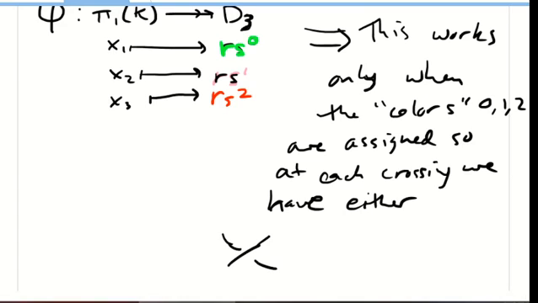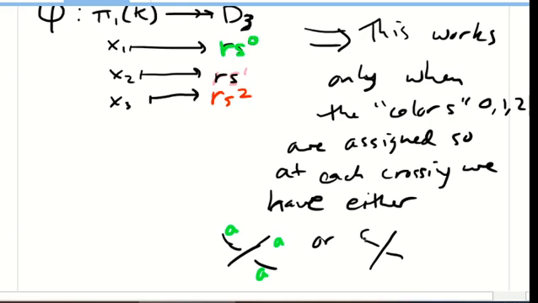Either we have all the same color at a crossing, say all those are green maybe, or at a crossing we have all different. 0, 1, 2.